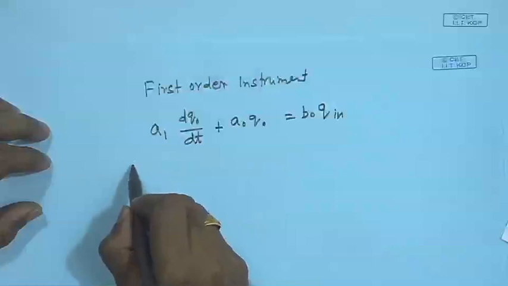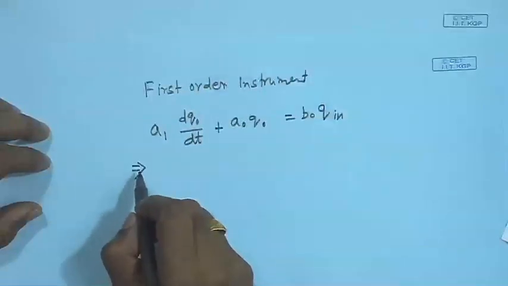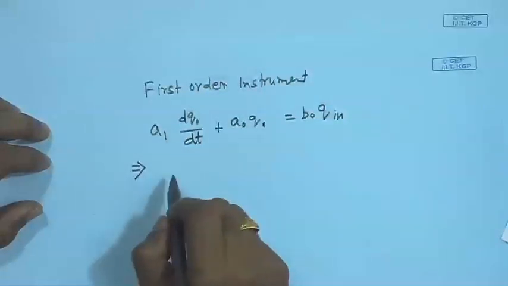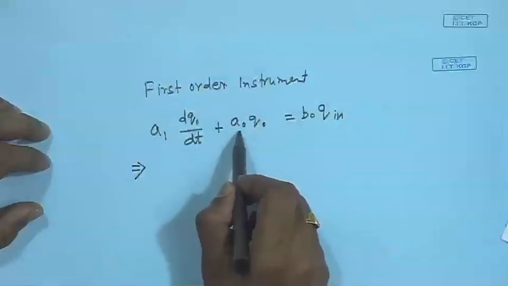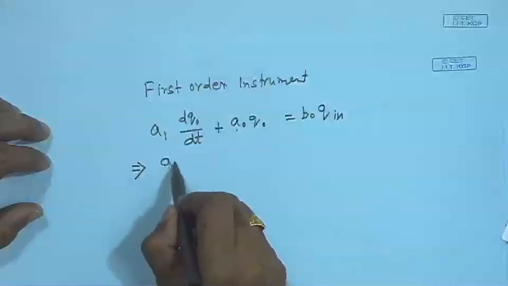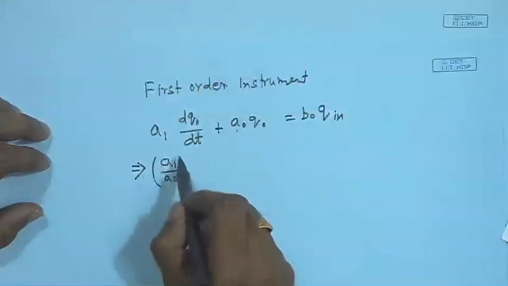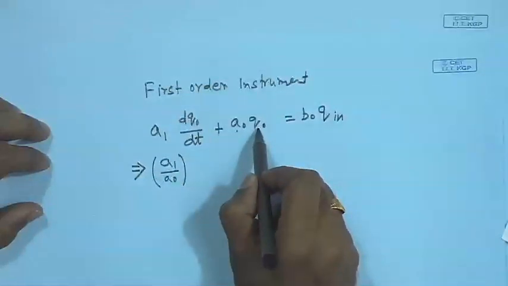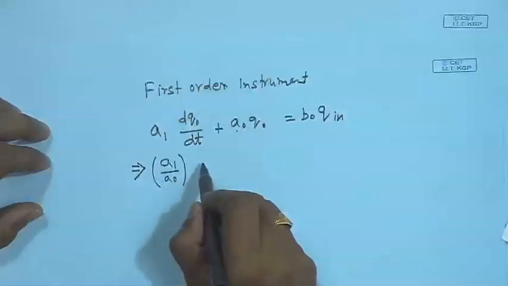If we rearrange the equation as follows, divide this equation throughout by the A0. So, let us make this term coefficientless.